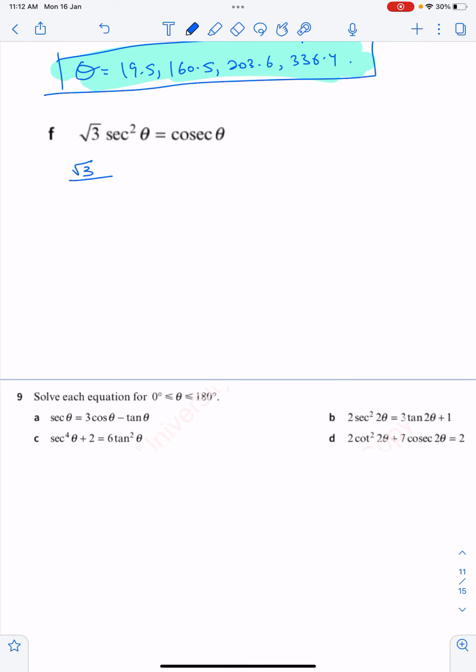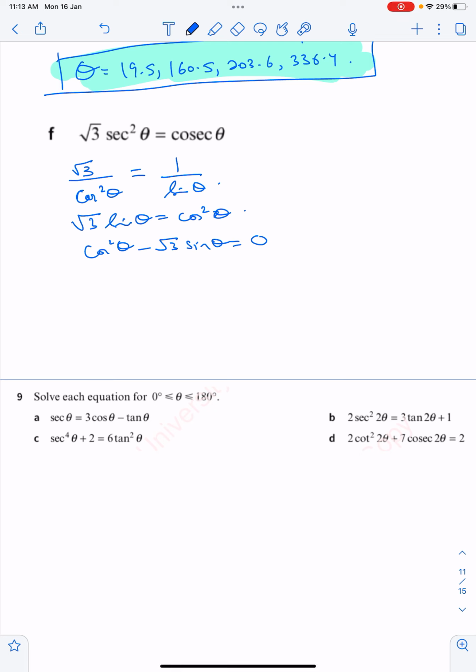Root 3 will stay up in the numerator only, this will come down and it will become cos square theta here equals to, this is 1 upon sine theta. Okay, cross multiplying, root 3 sine theta equals to cos square theta. Okay, all the terms on one side, cos square theta minus root 3 sine theta equals to 0.